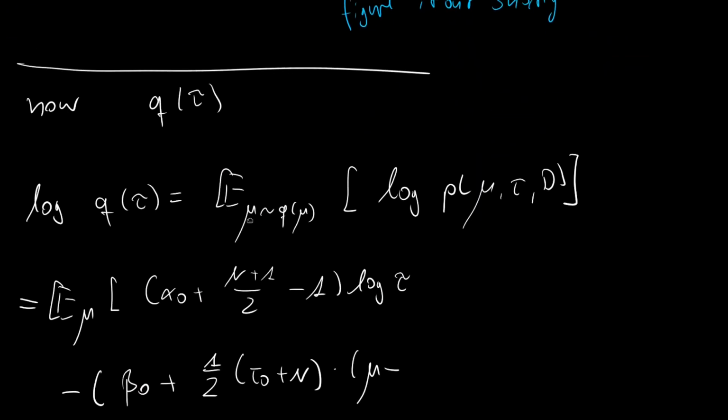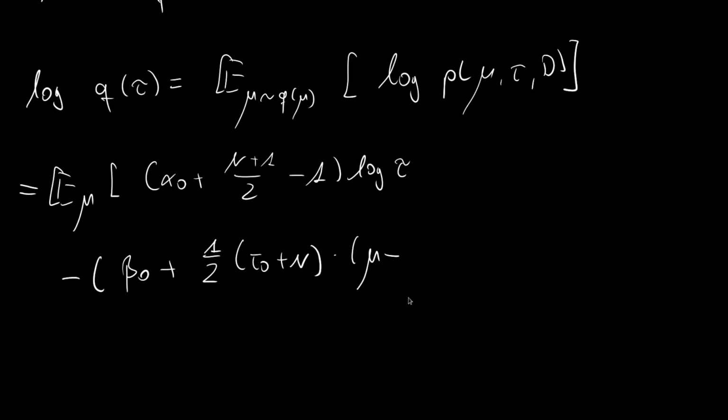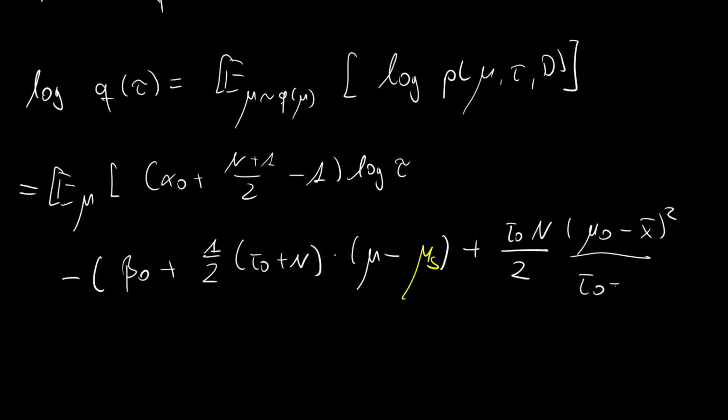that we just found in our distribution on the mu. So I will also note this here. This is nothing else than the mu s we just figured out, plus the tau 0 n over 2 times mu 0 minus x bar in brackets squared over tau 0 plus n.